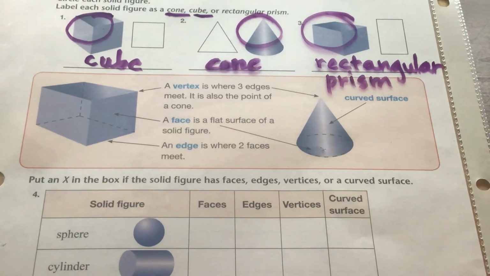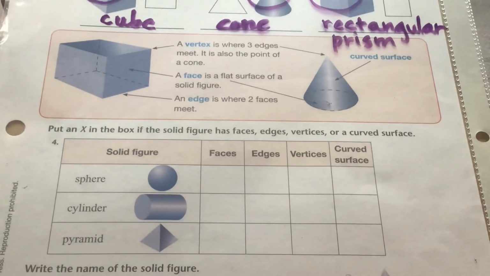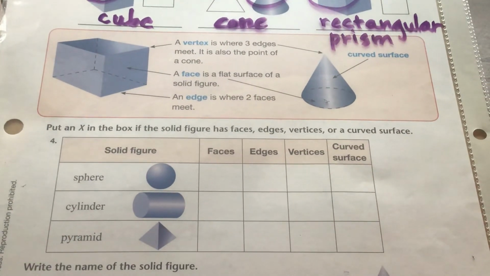Let's go down and let's fill in the chart here. They want us to put an X in the box if the solid figure has faces, edges, vertices, or a curved surface. Well, the first one is a sphere. A sphere doesn't have any straight lines to it. It doesn't have any edges.